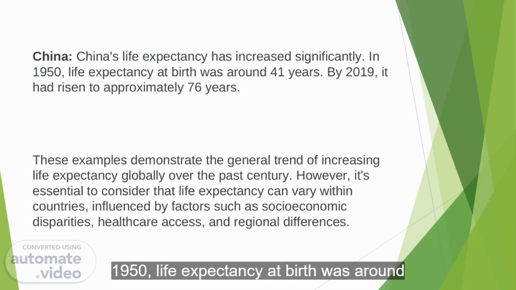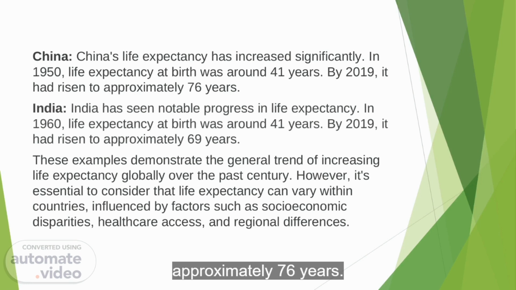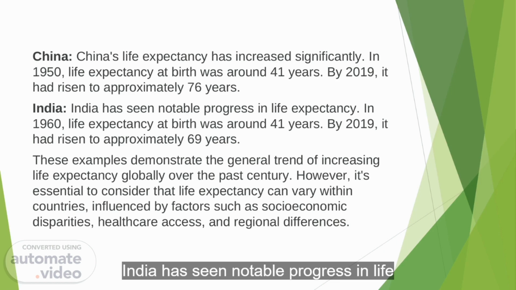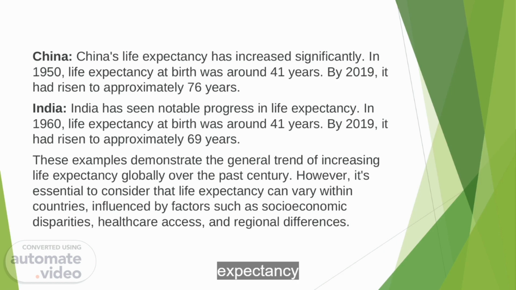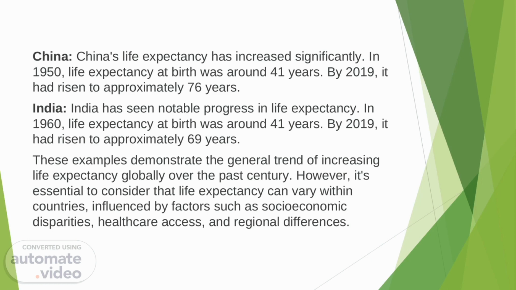In 1950, life expectancy at birth was around 41 years. By 2019, it had risen to approximately 76 years. India. India has seen notable progress in life expectancy. In 1960, life expectancy at birth was around 41 years. By 2019, it had risen to approximately 69 years.